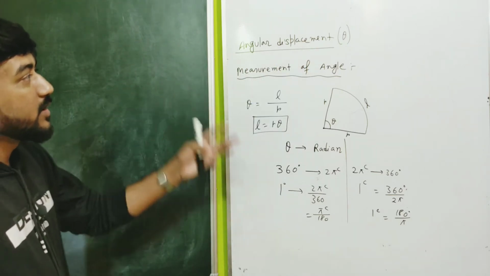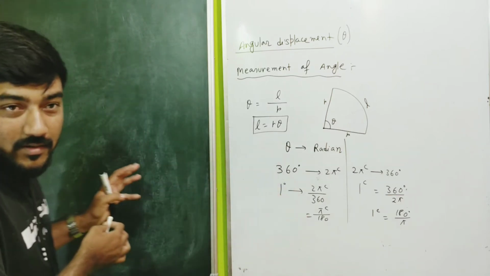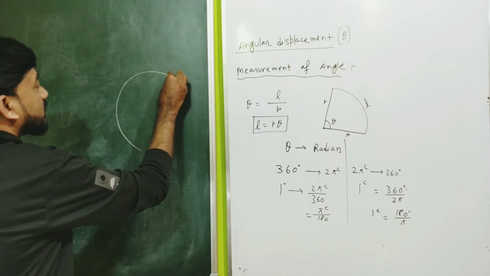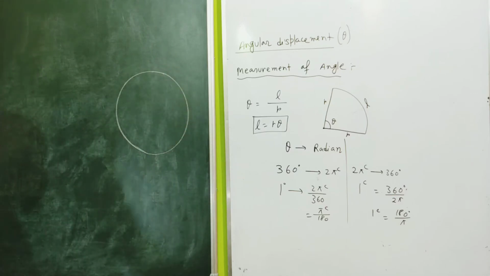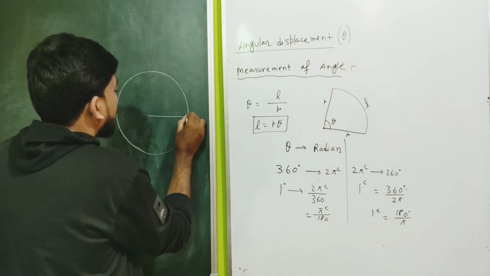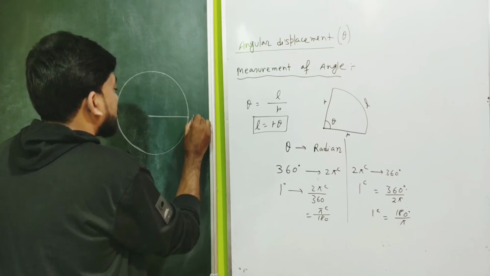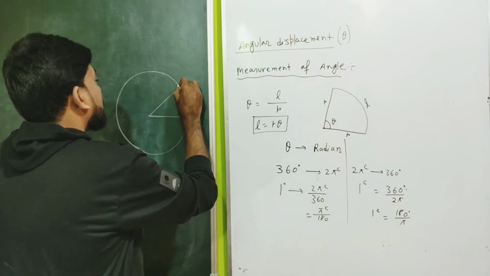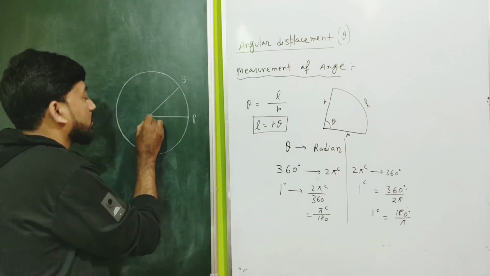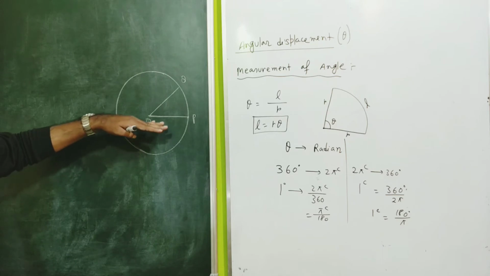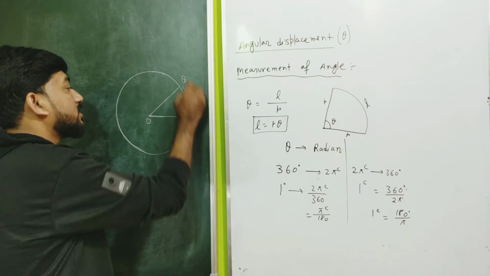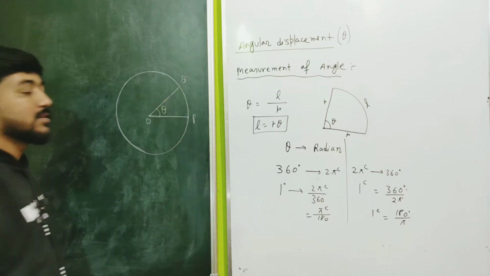So when we talk about angular displacement, obviously we have to draw a circle. Okay, so let us take this circle, or you can say the trajectory of the particle. Let me suppose that the particle is initially at this position, this is P, and after some later time it will go to this position, and the angle made by OP, initially let me take this angle as 0 degree, and then after some time it will go some distance and make an angle theta.